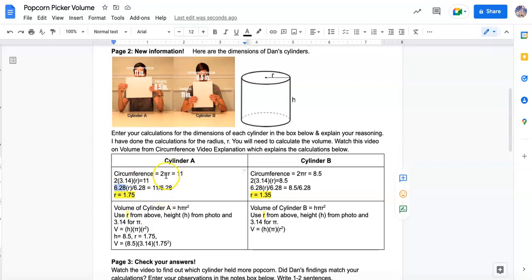And that's 6.28 times r, which equals 11. And that is a one-step equation where all you have to do is divide, which I did here, both sides by the number attached to the r, and you'll get your value for r. So this is setting up an equation and then solving it as a one-step equation for circumference and then getting the radius.